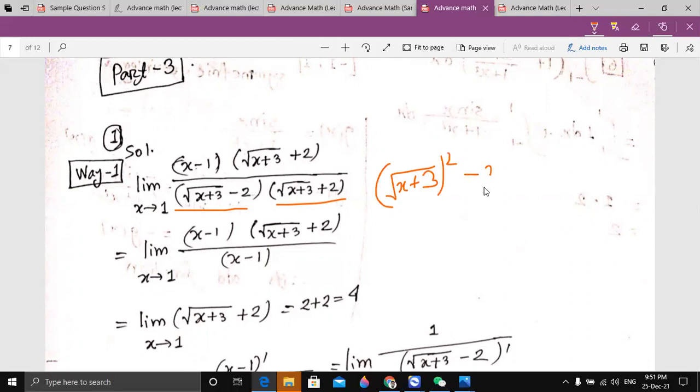A square minus b square, okay? So we can cancel the root and square. And 2 square will make 4. So x plus 3 minus 4, that means x minus 1.